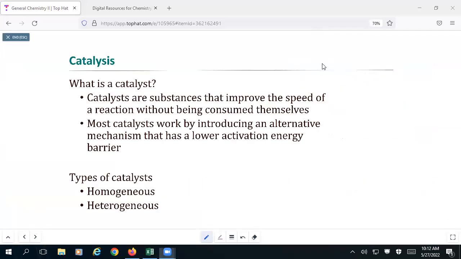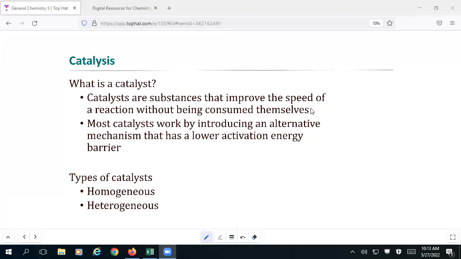Just some last concepts that kind of clear this deck for us. Catalysts. Now, up until this point in time, we've only talked about a catalyst as being that thing that speeds up reactions. Now that we have a little bit of mechanism behind us, we can explain better how that happens.